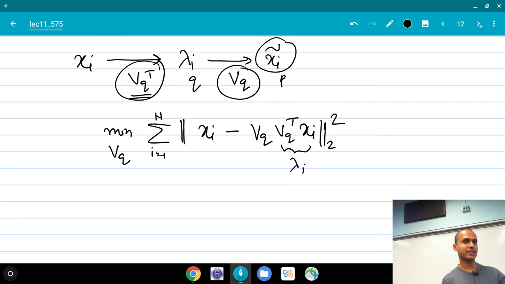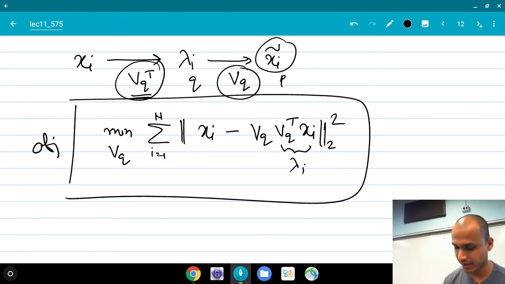Okay, so that's my criteria for preferring a dimensional reduction matrix. It reduces the dimension but keeps the information about the xi's, all my observation points in the original dimension, as much as possible. It keeps the information in some sort of Euclidean distance sense. So this is the objective, and this is a linear transformation for dimensional reduction.